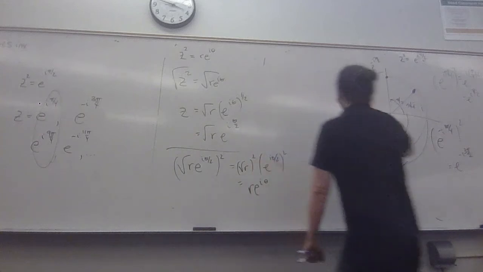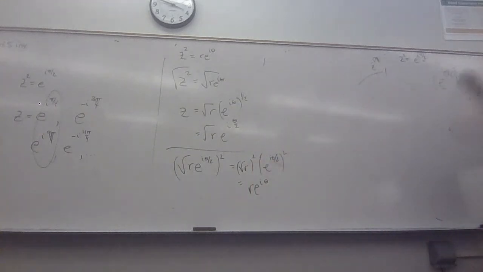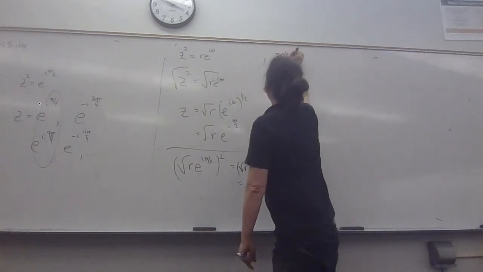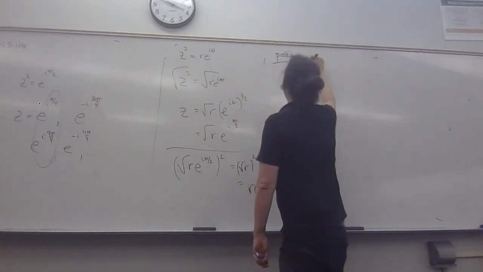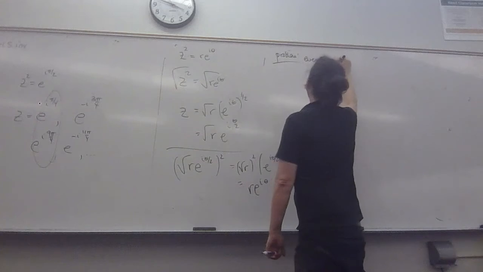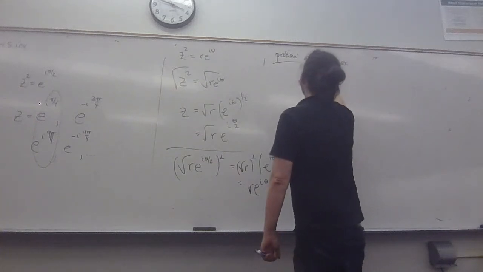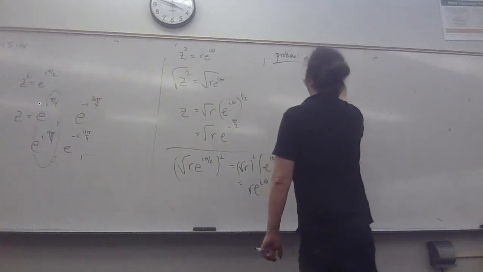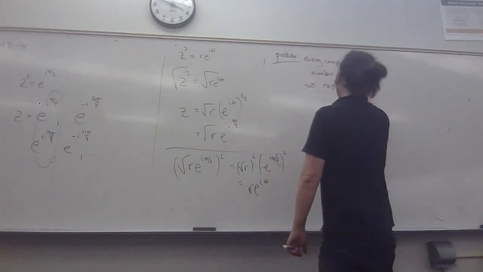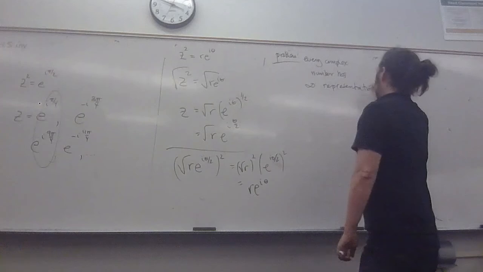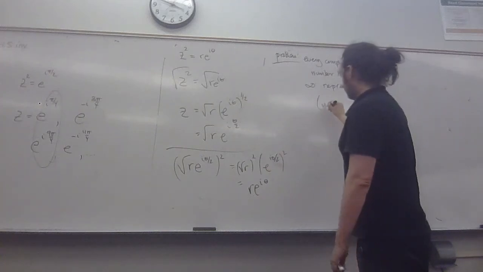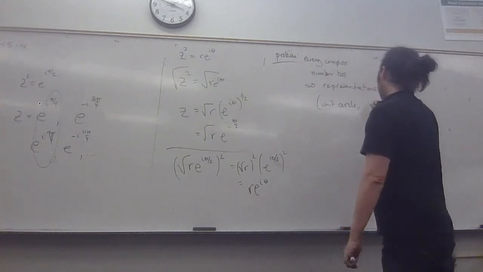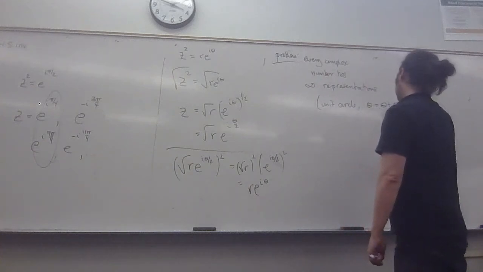So if we don't make a choice, the problem here is that every complex number has infinite representations, because on the unit circle, theta is equal to theta plus 2 pi k.